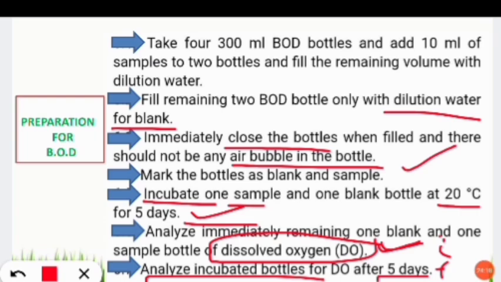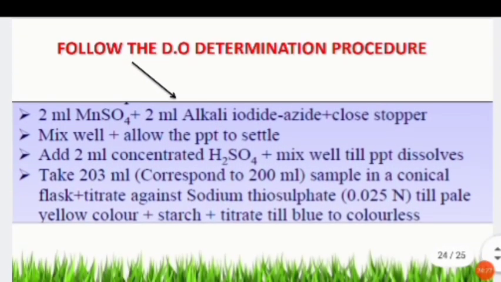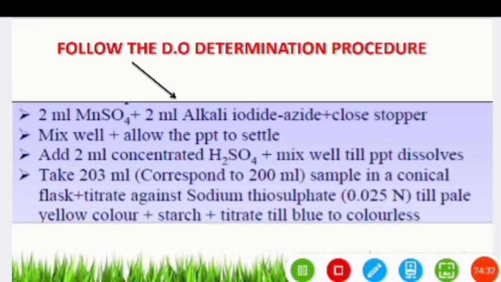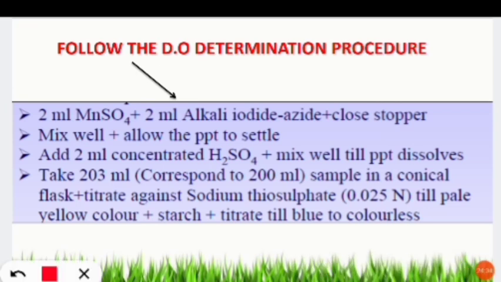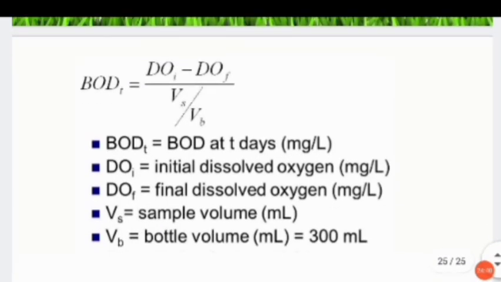BOD needs the dissolved oxygen, so we follow the same procedure for initial DO and final DO. Why are we doing this? Because the 5-day BOD is the standard technique to know the biochemical oxygen demand. So what is the calculation part?